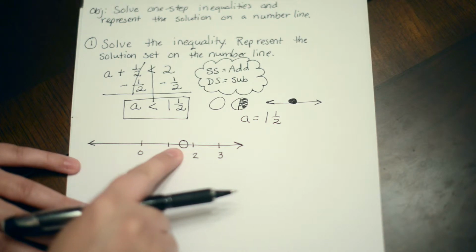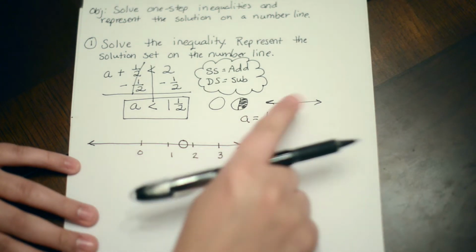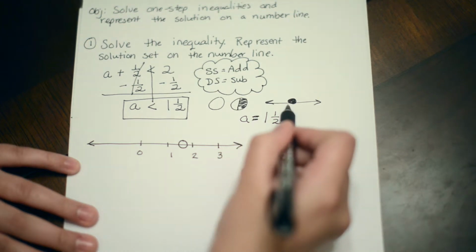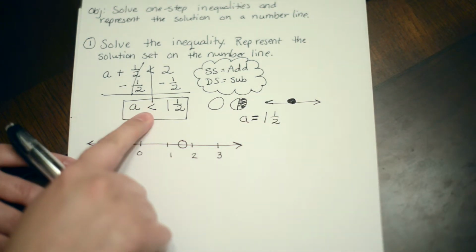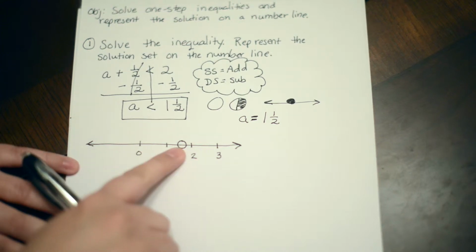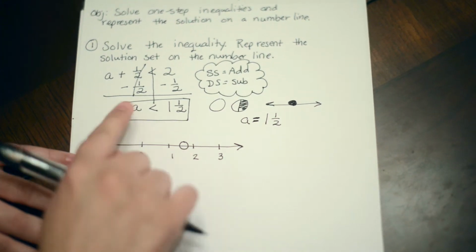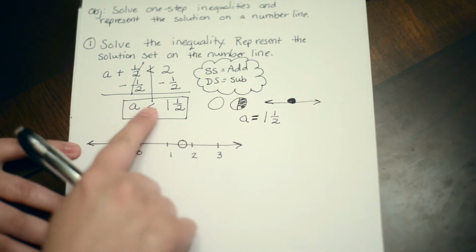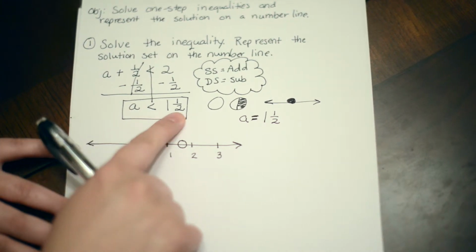Do not color it. The only time you color it is when they are equal. So when it's equal, you color it, but when it's an inequality, you leave the circle open. Now, all the numbers that could be the answer have to be less than 1 and 1/2.